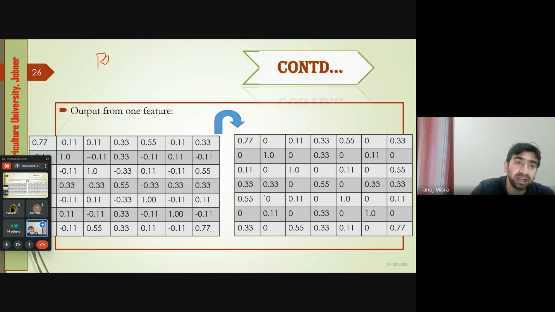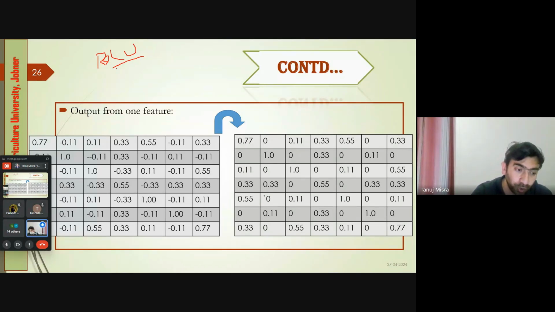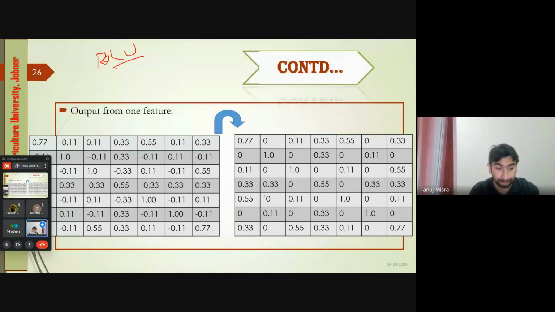ReLU, that is rectified linear unit, just hold on to the term. It is not necessary to understand the details at this point. You can explore it, or you can take help from any AI expert to analyze your data, to make some project on the basis of AI.